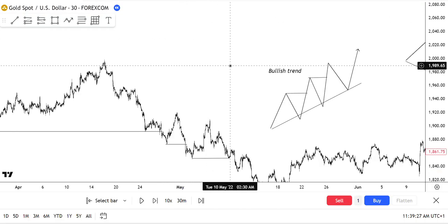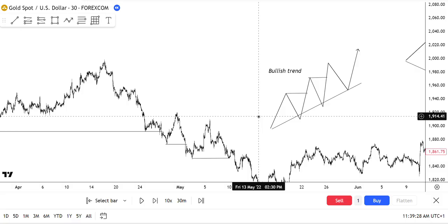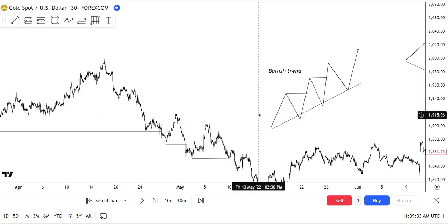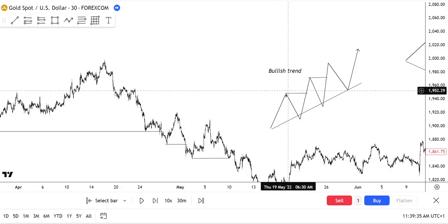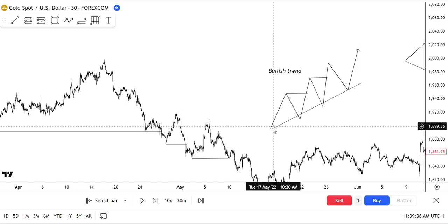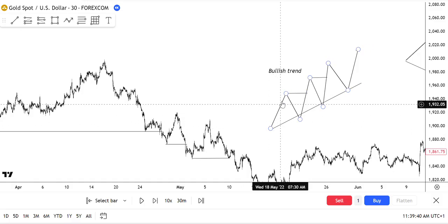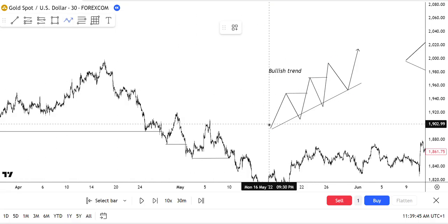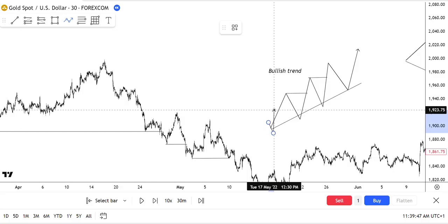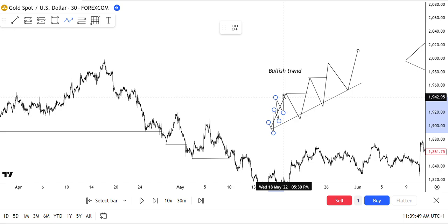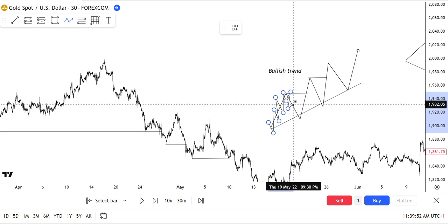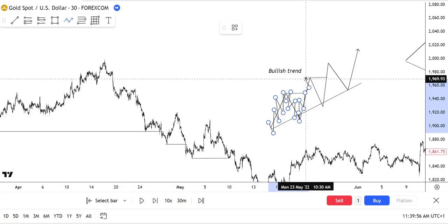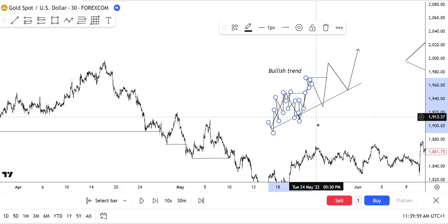Now to further this class, I want us to know that there is something we call a swing leg. And what is a swing leg? This particular leg can serve as a swing leg. This whole thing can serve as a swing leg. And how does that happen? In that case, we have something like this. Something like that.